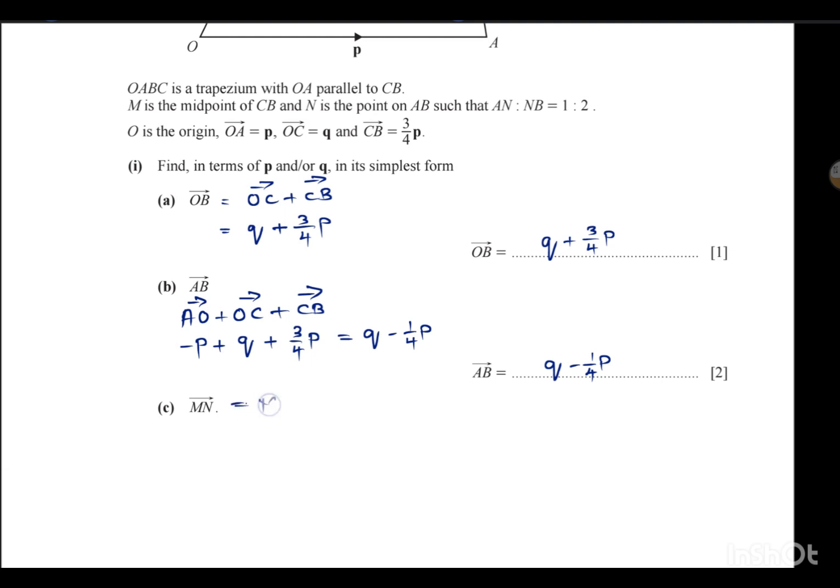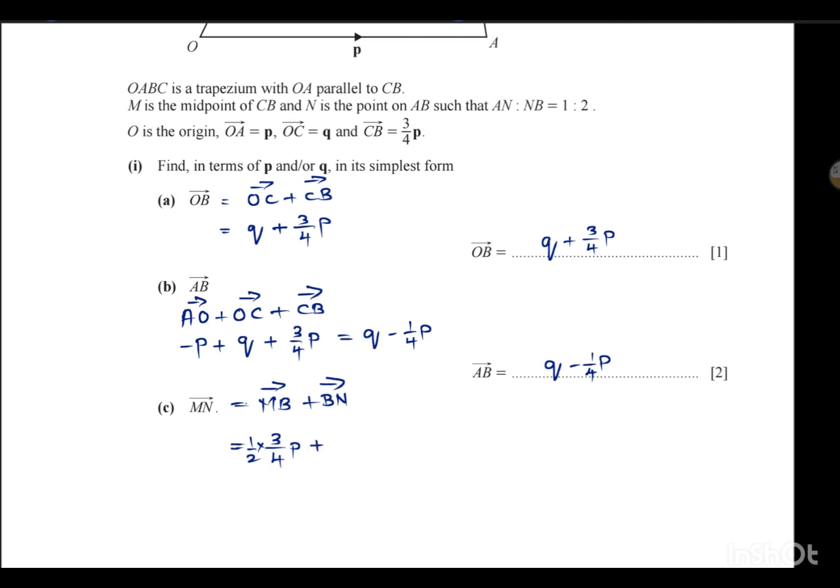MB plus BN. Now what is MB? MB is half of CB. So 3 by 4 P into 1 by 2. So let me write half of CB, because M is the midpoint of CB. Half of CB is done.